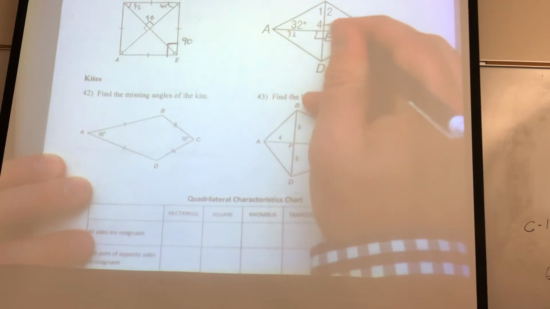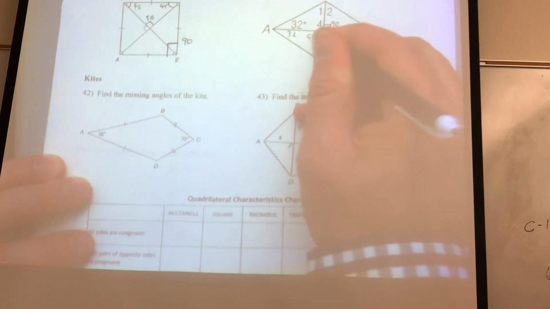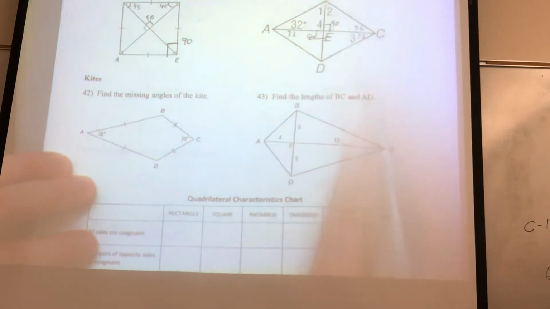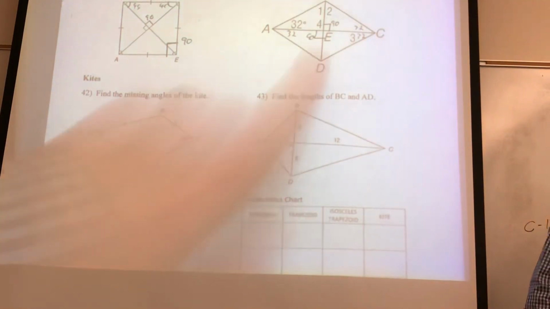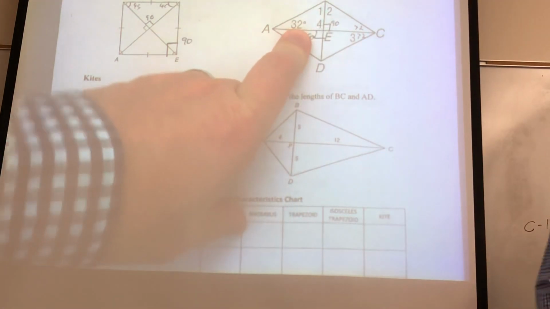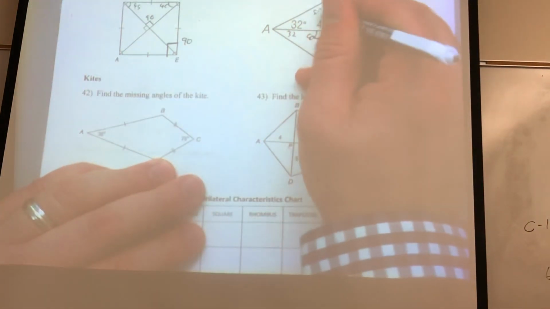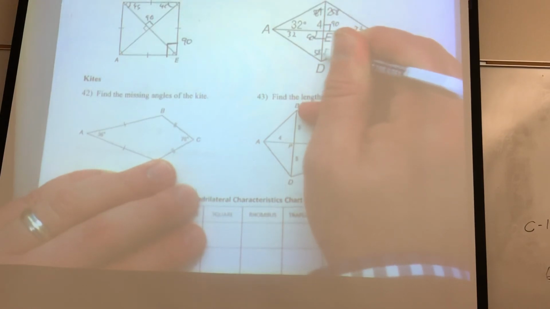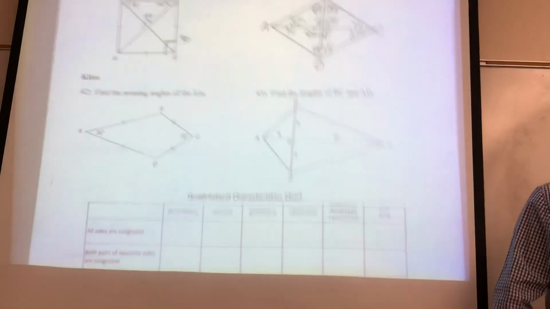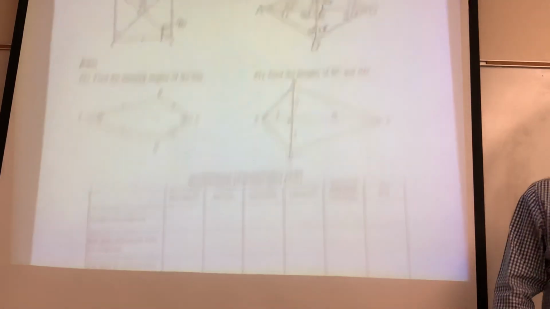All these middle ones are going to be 90. And then this is a triangle. 180 minus 90 is 90. 90 minus 32 is going to be 58. So all the rest of these angles are 58. Okay? That's just the way the rhombus kind of works.